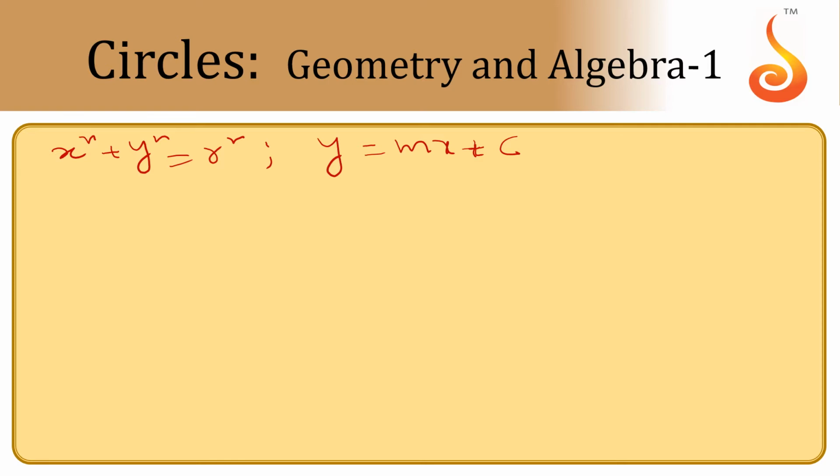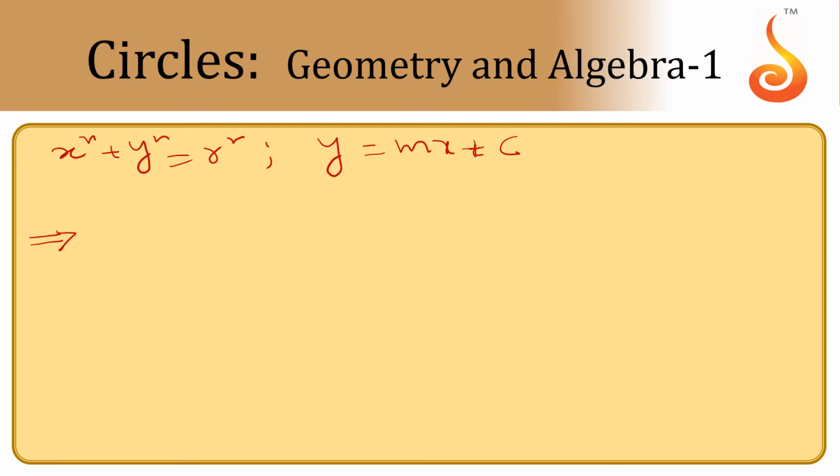Now let us insert one locus into another locus. Here the equation is nothing but the condition satisfied by the points in that locus. Now let us substitute y equals mx plus c in the circle locus. Forget that it is a circle; it is some locus.